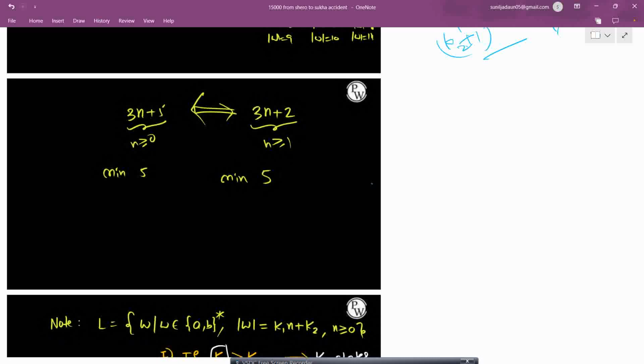So 3n plus 5, 3n plus 2, n is equal to 0. What is the problem in this?